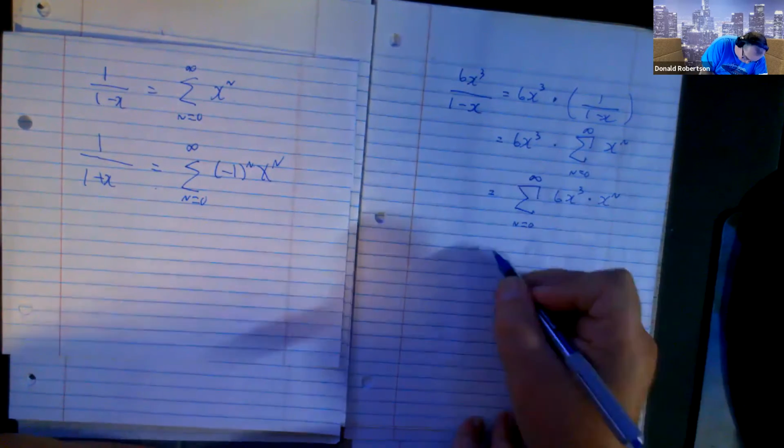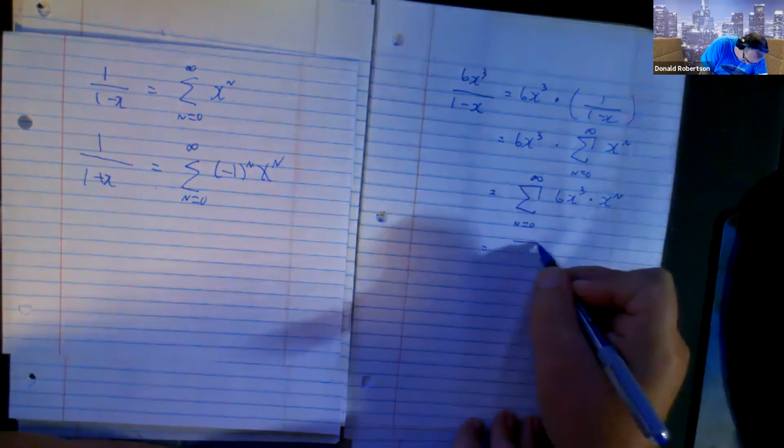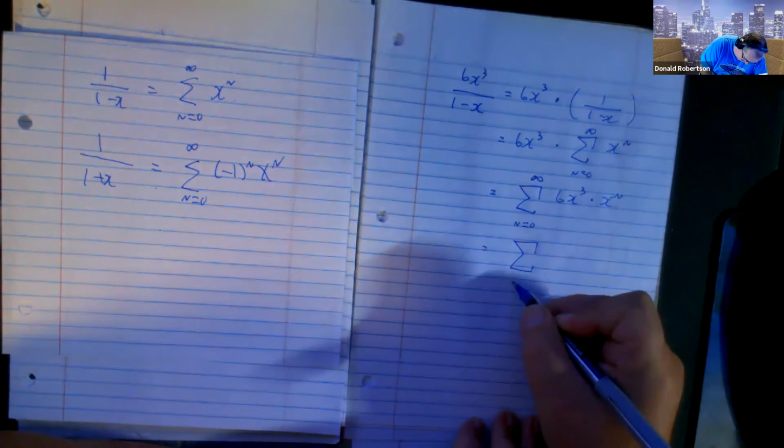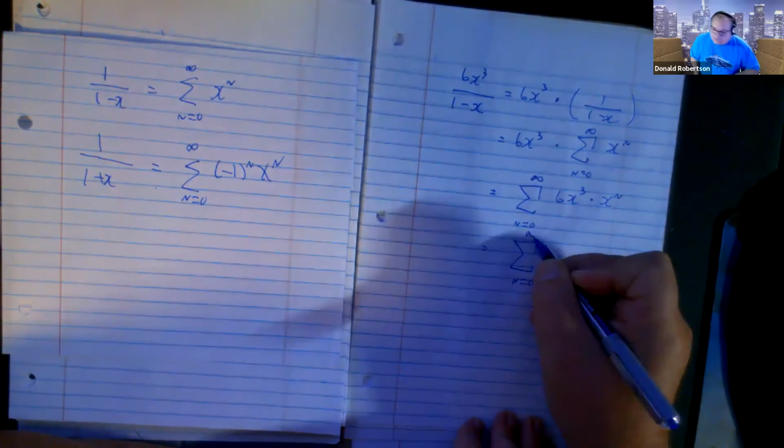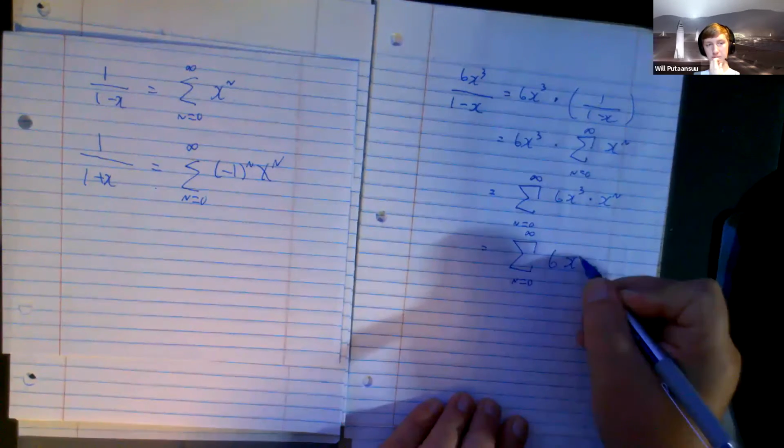I probably wouldn't normally write this line, but I have this time. Is there anything we can do to make this look a little prettier? Change it to 6 times x to the power of n plus 3. And now you are done.